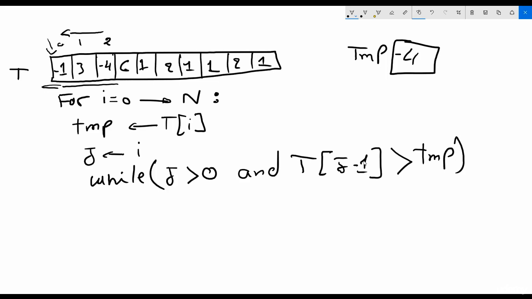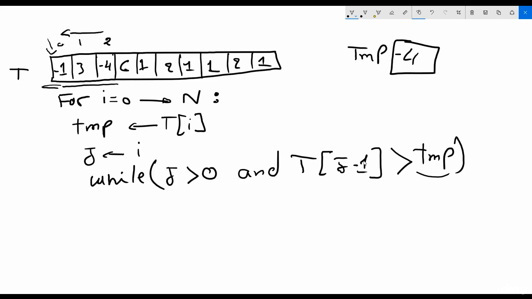Okay, so our number, the number we want to push, is stored inside the temporary variable. We always keep comparing that with the element at index T of J -1. If the TMP is less than the T of J -1, it means that it has to be placed to its left.